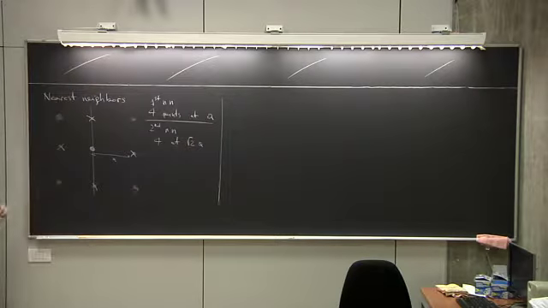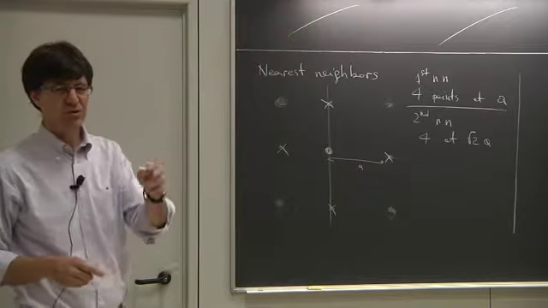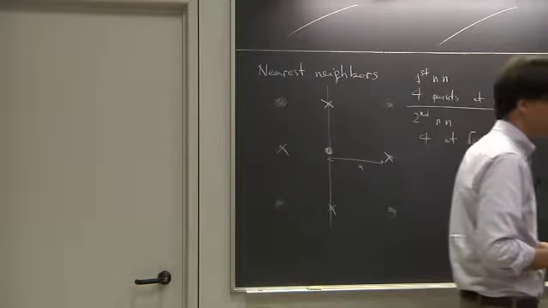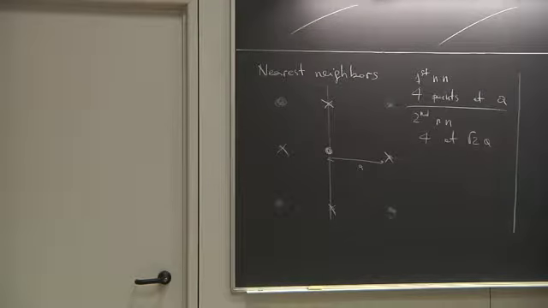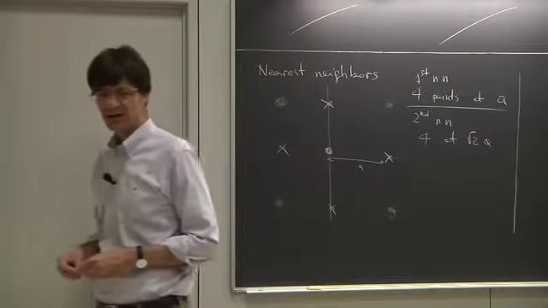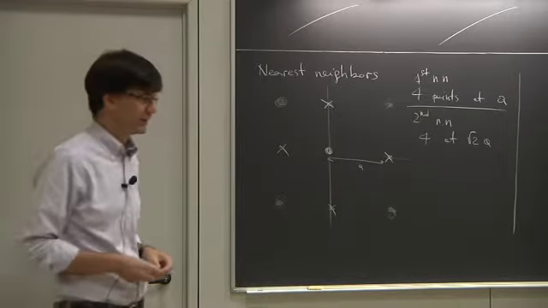Can you imagine what is the number of second nearest neighbors for the triangular lattice? You can look at your notes if you wish and take a look at the triangular lattice and see if you can come up with some ideas of the number of second nearest neighbors. Can anybody tell me?